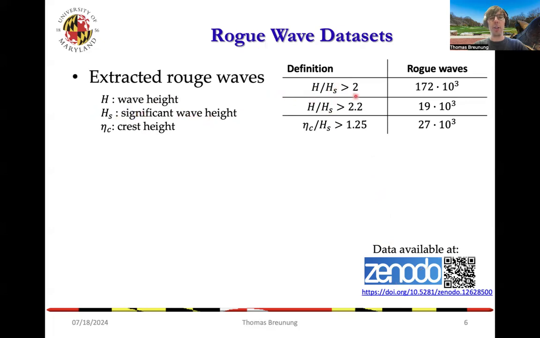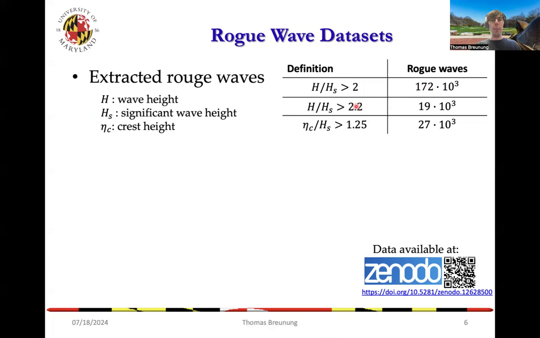And if this fraction surpasses a certain threshold, this wave is qualified as a rogue wave. Depending on the different definitions, out of this 880 years of data, we extract about, let's say, 20,000 rogue waves, or for this threshold, a little more, about 170,000 rogue waves.